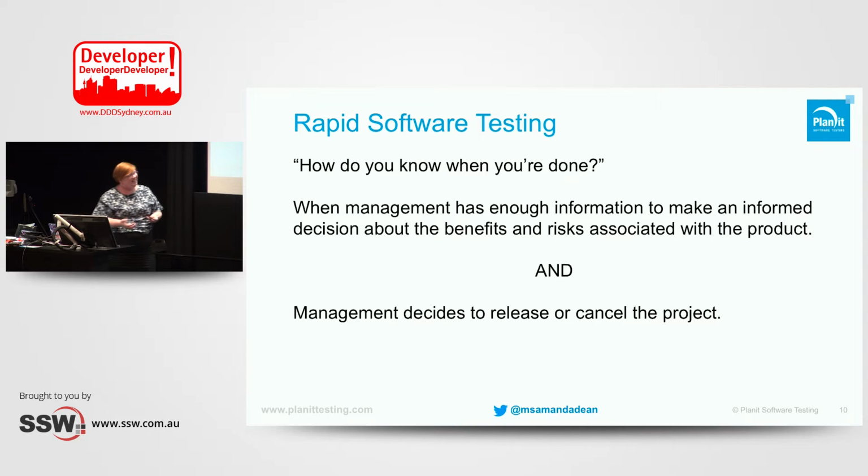Because generally speaking, testers aren't the ones who are going to be making that decision about whether we can go live. So what I particularly like about this one is that we're looking at making informed decisions. So then testing becomes about providing that information to people so they can make those informed decisions about whether to release, what the risk is in the software, and whether it does what it needs to be doing.